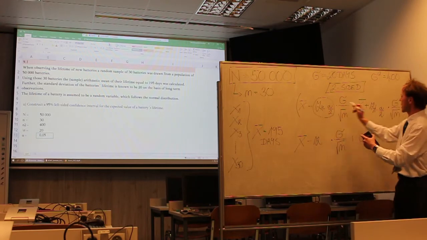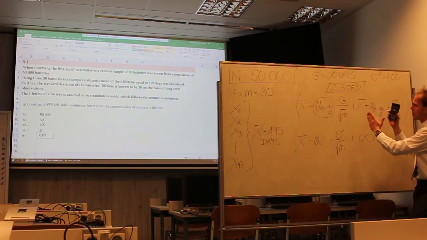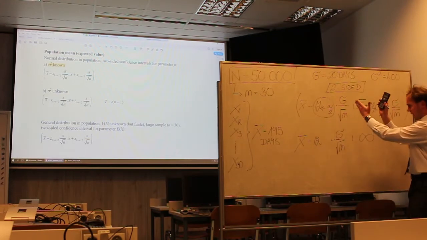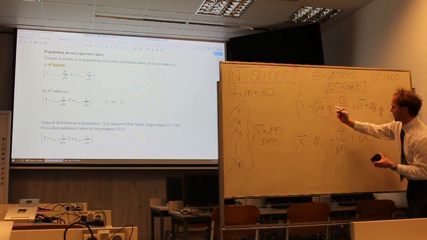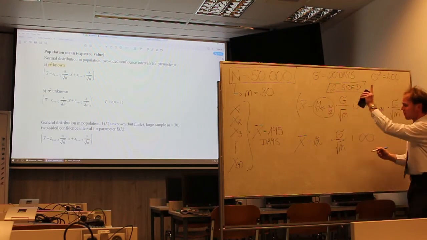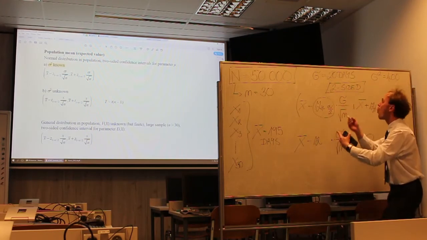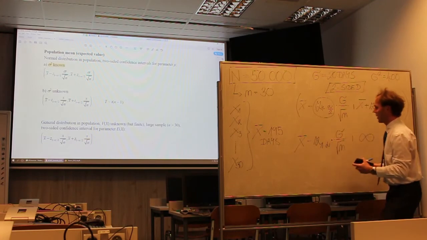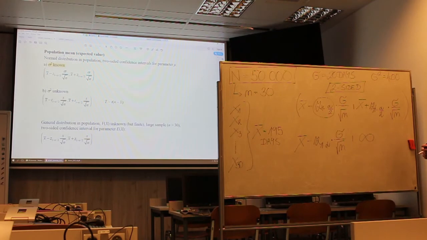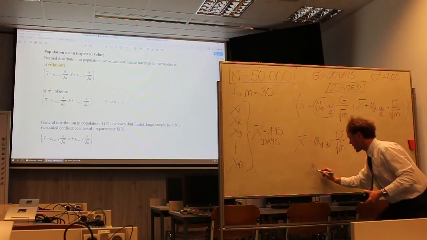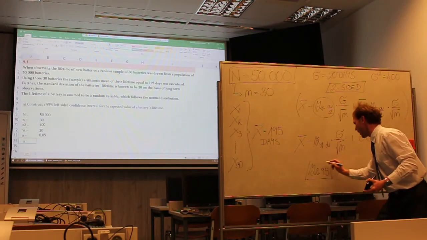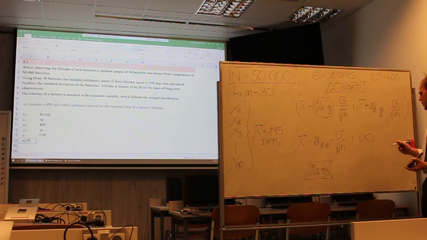What is here? This is a two-sided interval. I must share my power in this interval. This is the reason why there is alpha divided by 2. But now I want to construct only a one-sided interval, so there is 1 minus alpha. The z 0.95, the 95% quantile of the standard normal distribution.